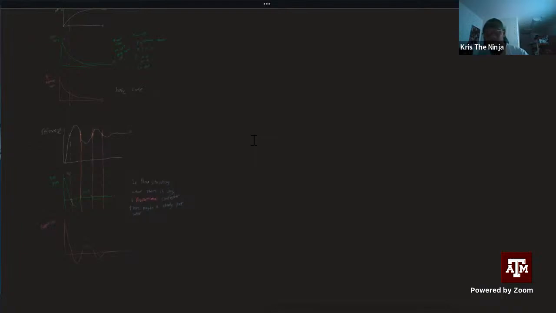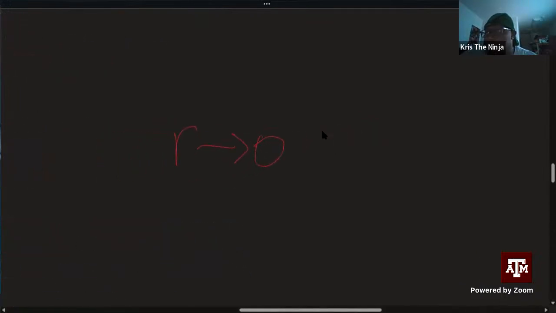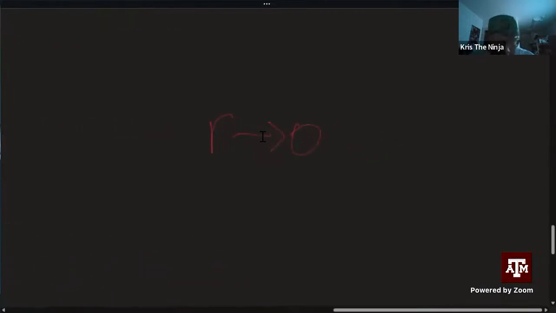let's see, what color should I use? So we'll have a reference point at R that will go into our PID.